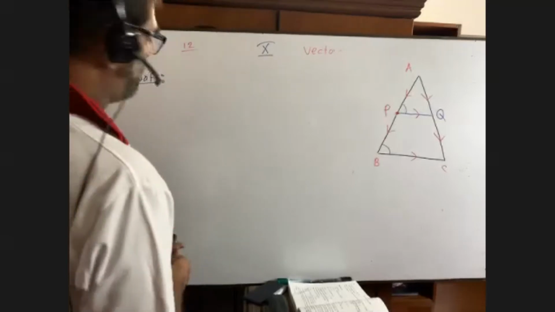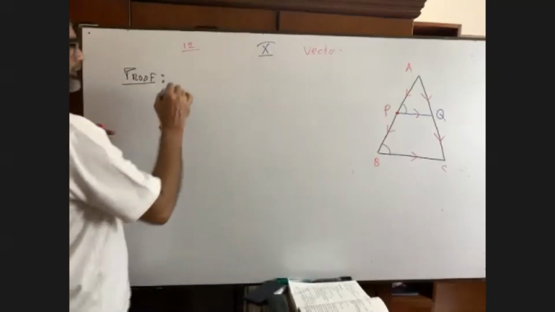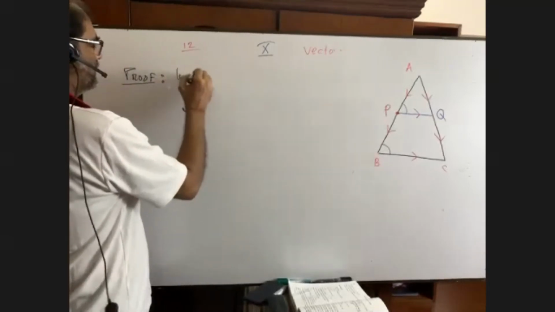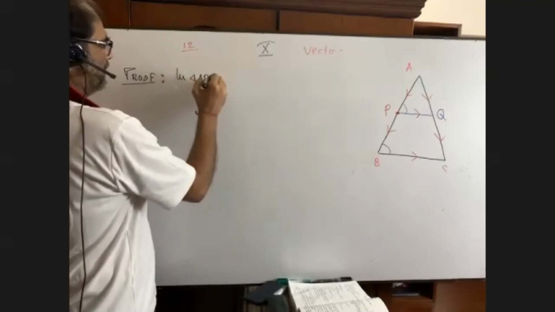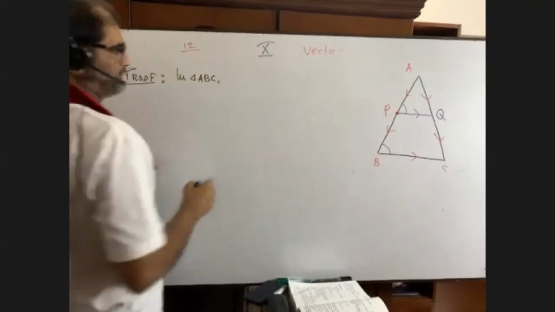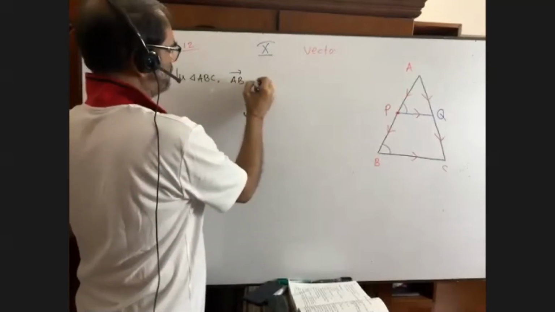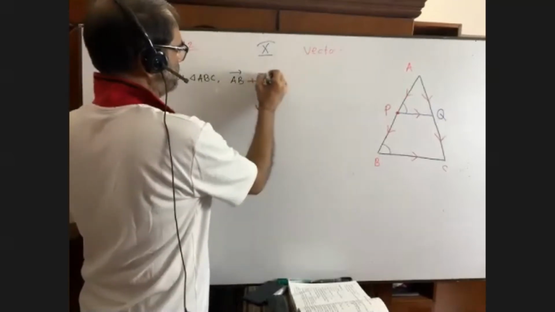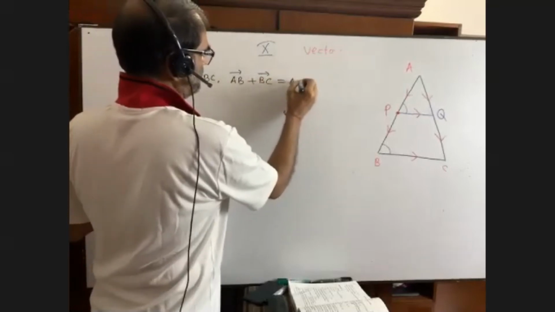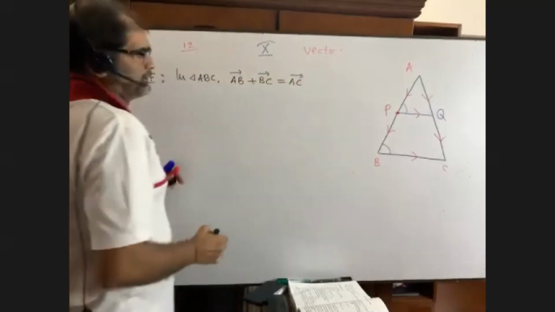Write down. In triangle ABC, AB plus BC is equal to AC, right?